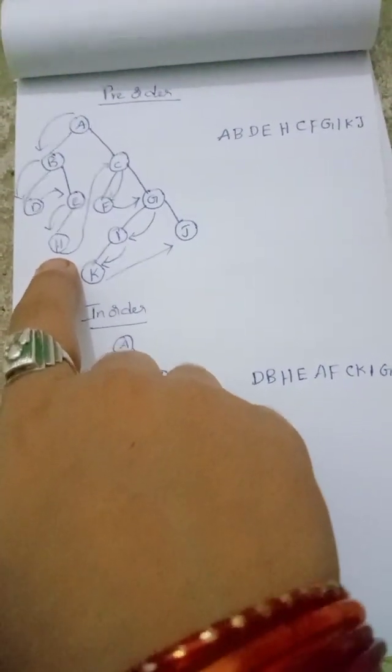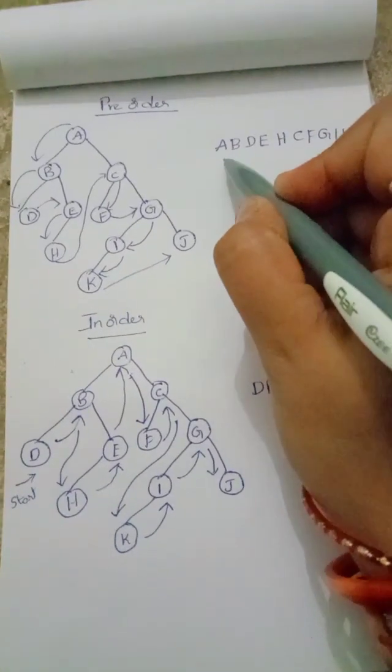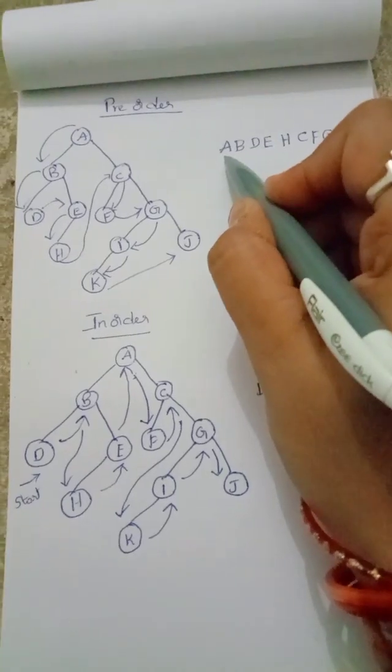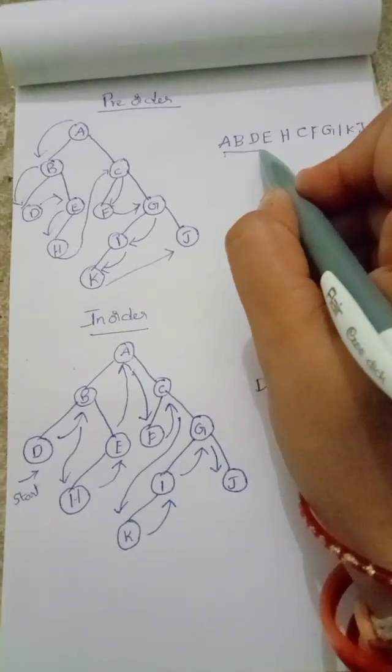Here, understood? First we write the root node A. After that we have taken the parent node B and its related nodes we have written here.